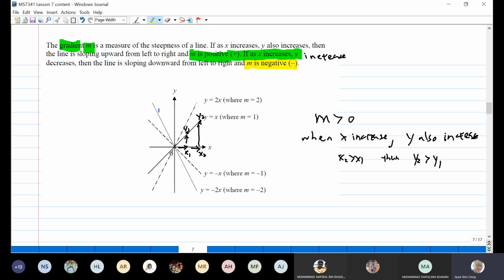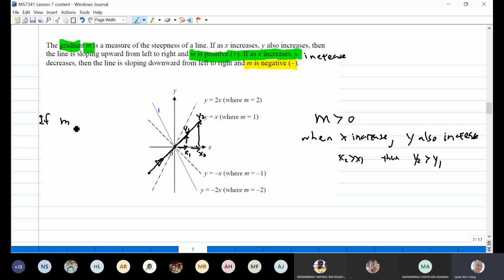So you can see that when m is positive, the graph moves from left to right, increasing, going up. What happens if m is negative now?